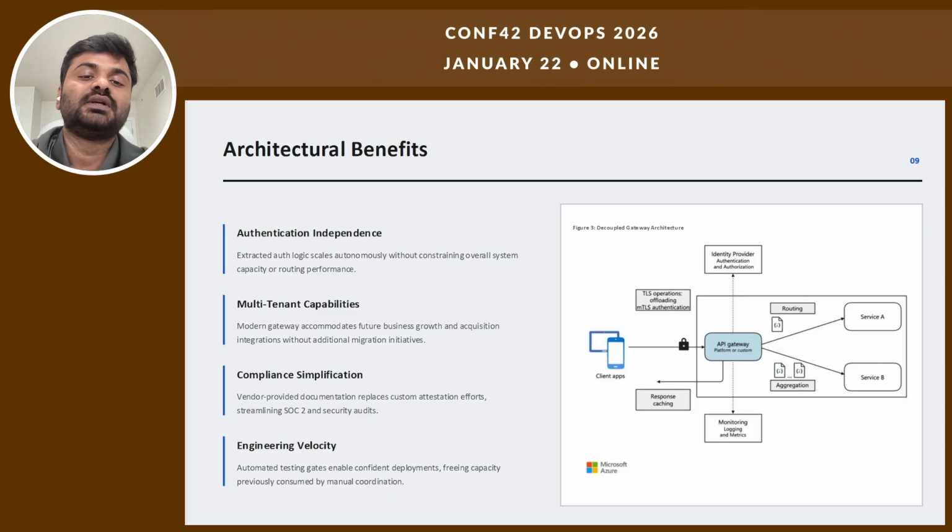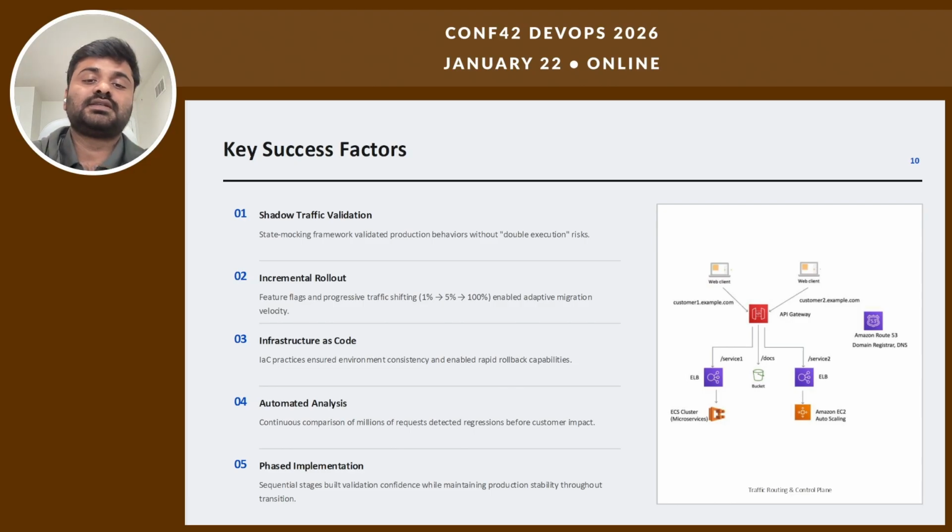So, what are the key success factors? Definitely, shadow traffic validation is the key factor for the success. Another one is incremental rollout, just to reduce the blast radius if something goes wrong. And infrastructure as code: using Terraform has sped up the planning and provisioning of the new gateway easily.